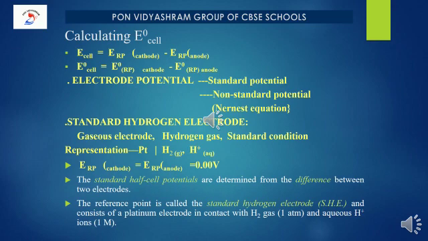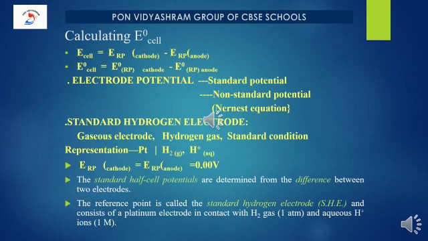Now, how to calculate EMF of half cell? Let us learn the method. There are two types of calculation. The first one is standard potential, the second one is non-standard potential. Let me discuss the standard potential. Note down the points. It will be calculated under standard condition. Already we have discussed about it.